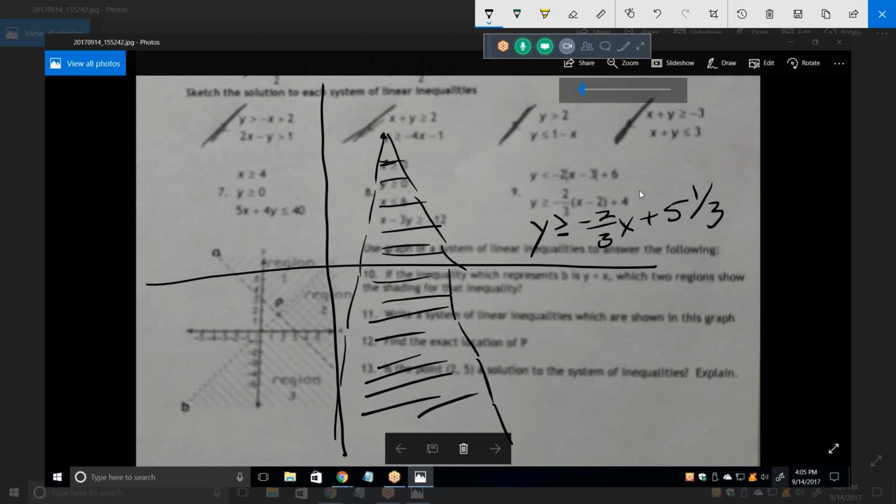That last number is not the y-intercept in this format. You've got to get that thing into y equals mx plus b format for that to be b. 4 was not b, 5 1/3 is. So I know at least where to plot it. There's about 5 1/3. Use the pink here. So that's the y-intercept. What's the slope?